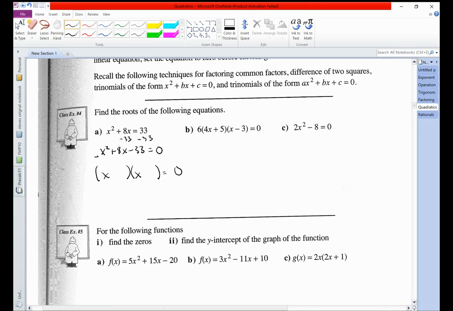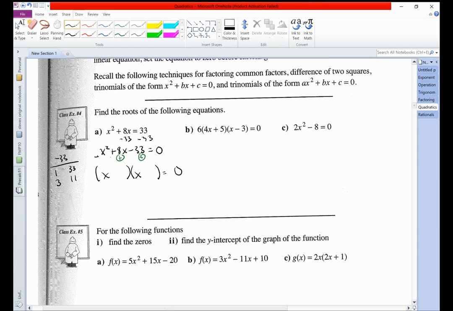So we're looking for two numbers that multiply to -33 and add to +8. I'm just going to come up to the side here and do my little 1 times 33, 3 times 11. I think that's the only ones. It has to be negative, so one of them can be a minus.